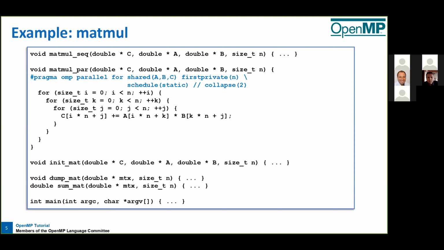Okay, and why is N declared firstprivate instead of shared? Man, lots of questions. So this was a really good example. By default, it would be shared, right?